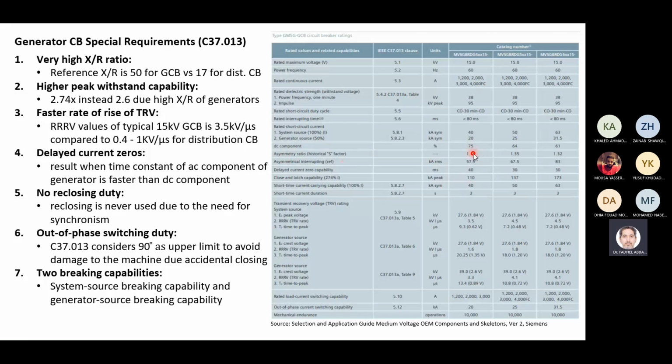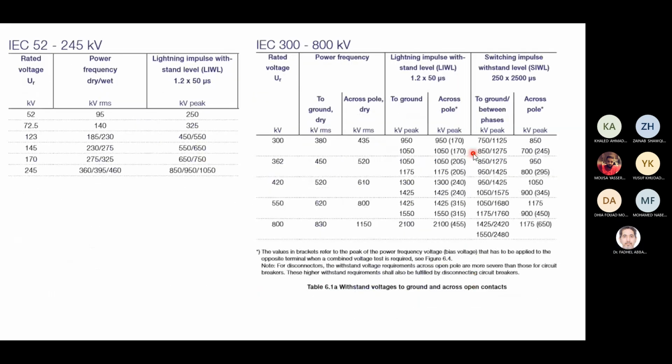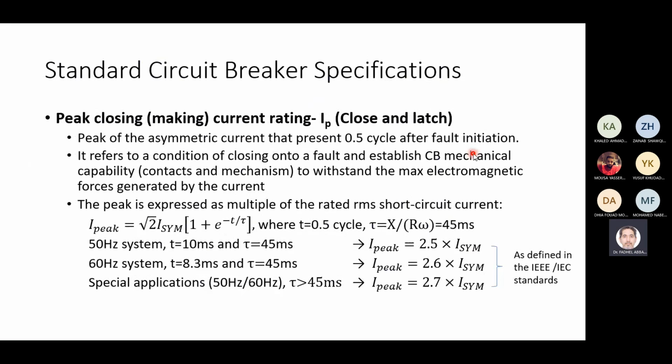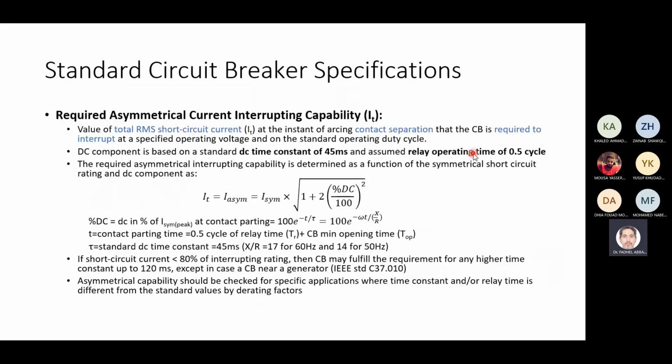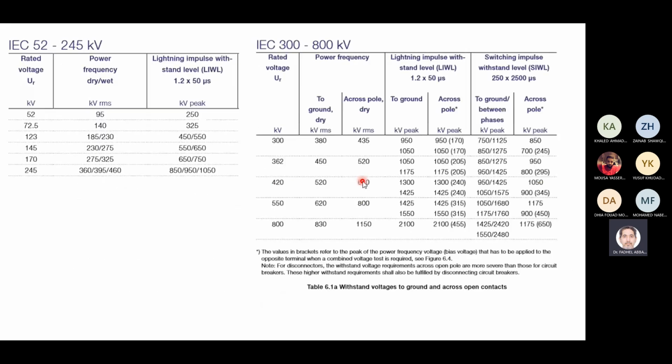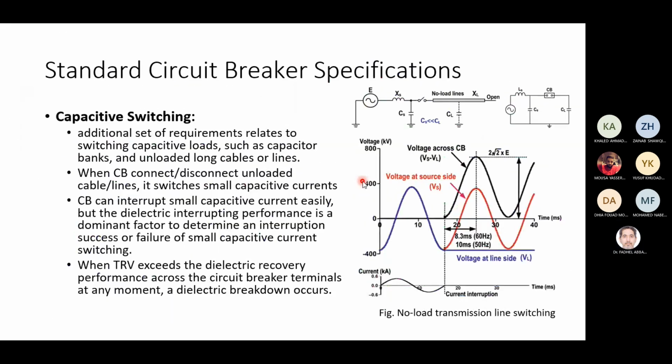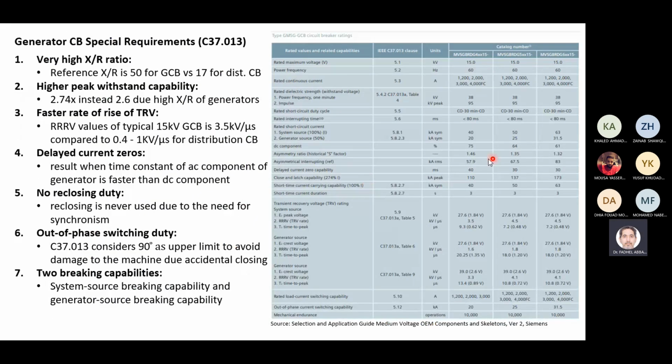If you apply this formula, 0.75 squared times 2 plus 1, under square root, it will give you this value, 1.47.